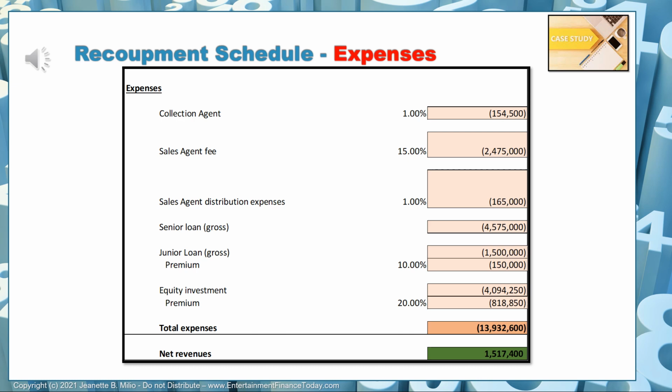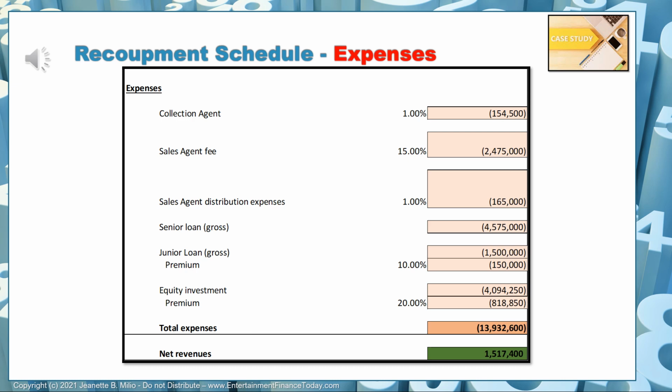And we're charging this on all the sales, including the down payment, because when we received the down payment, the sales agent did not charge any sales fees. So we got the benefit of getting the full down payment to us. In some cases, you will find that the sales agent will actually charge you their sales fee on the down payment that you're receiving, and then you would have to deduct that sales fee from the down payment, and then the net amount would be the amount available to you to be used to cover your budget.